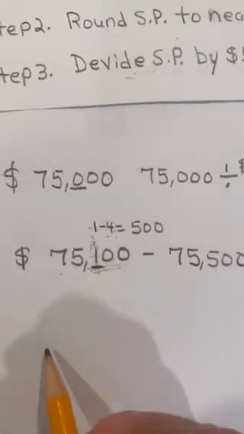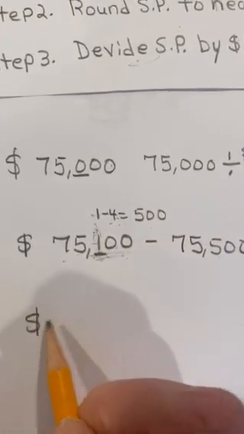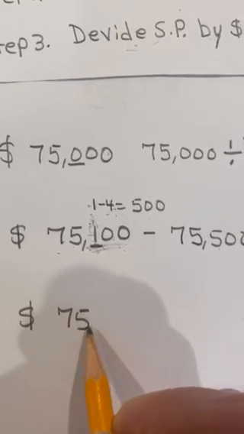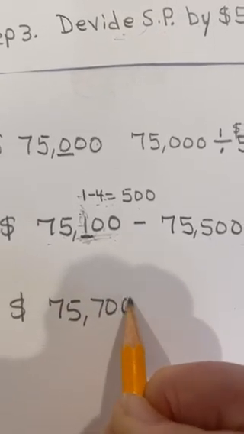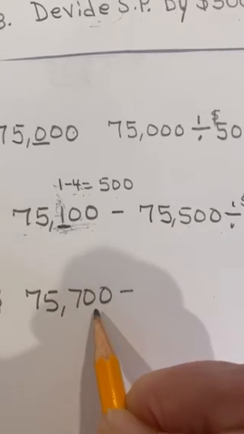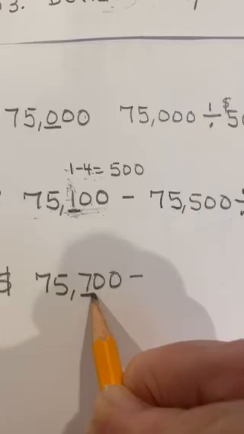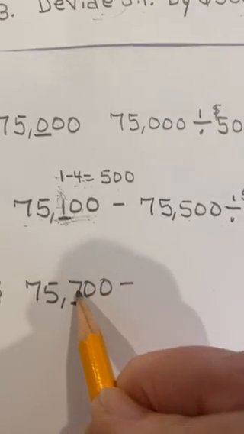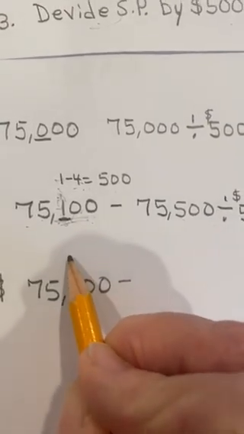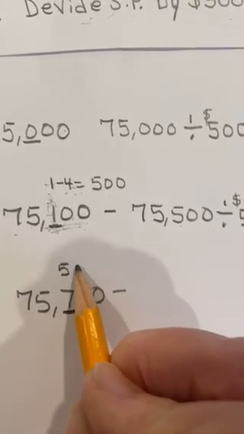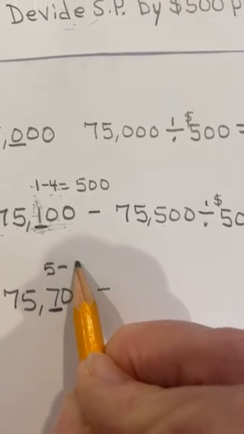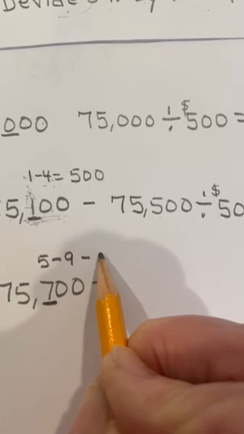Now let's do another one. Suppose it was 75,700. You count to your 100 spot, units, tens, hundreds, you underline it, and you see it's 7. And the rule, if it's 5 or over, you go up to the next 1,000.